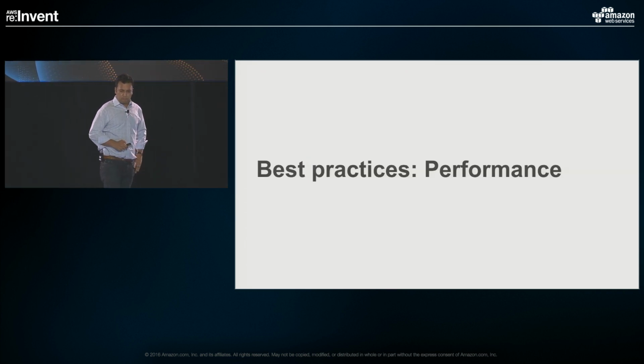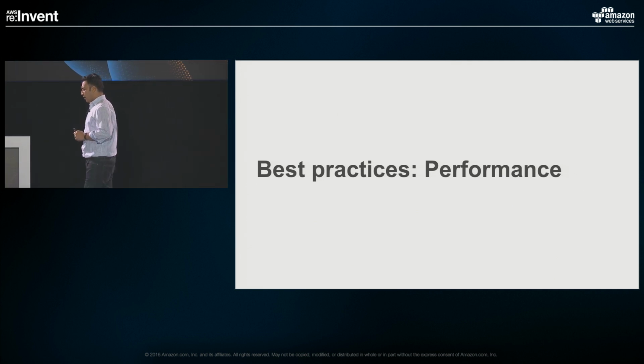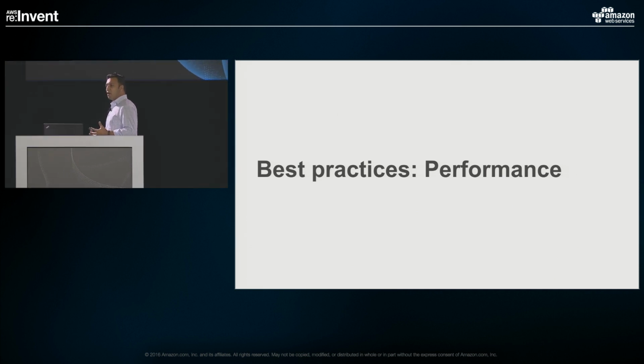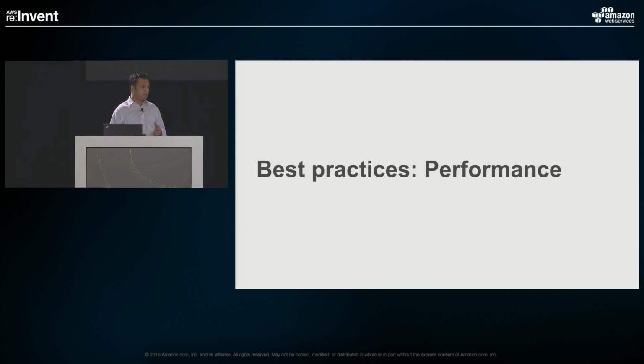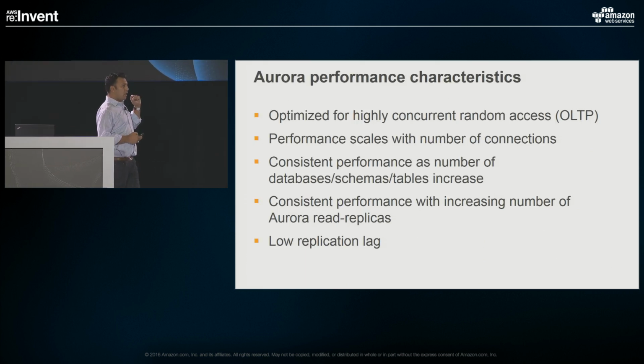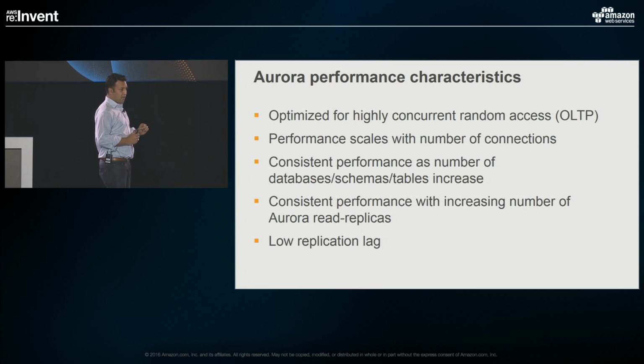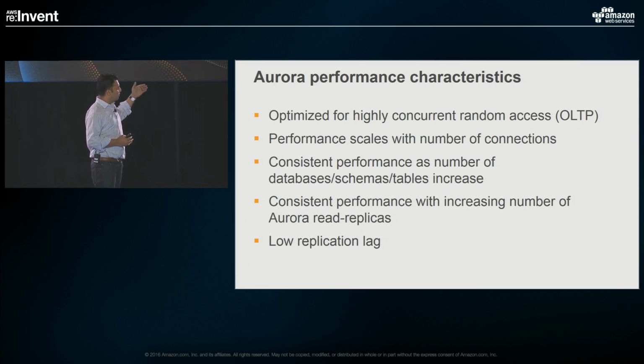Let's talk about performance best practices. In order to get better performance out of your database, especially Amazon Aurora, you really need to understand what it is designed for. What are its performance characteristics? Aurora is designed for highly concurrent, random access OLTP workloads.